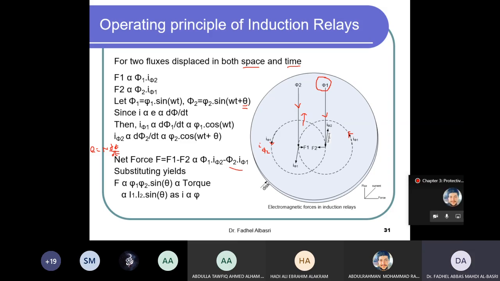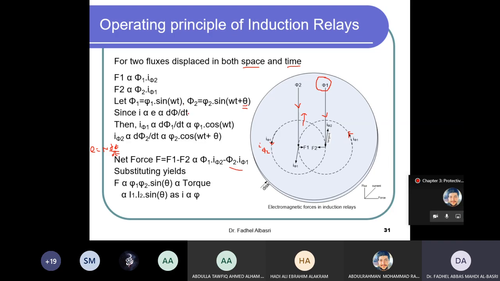So the induced EMF is proportional to d phi by dt, and this induced EMF will produce a circulating current also proportional to it, okay? So the circulated current is proportional to the induced voltage, which is proportional to d phi by dt.